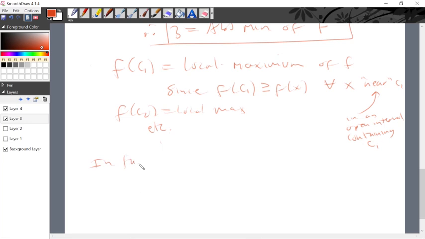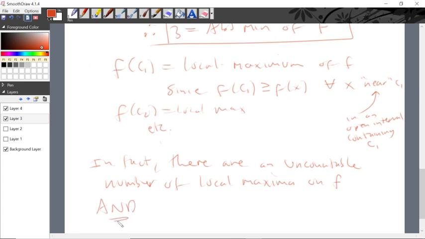In fact, I should be saying this more explicitly, there are an uncountable number of local maxima on f. And, I might add, also an uncountable number of local minima.